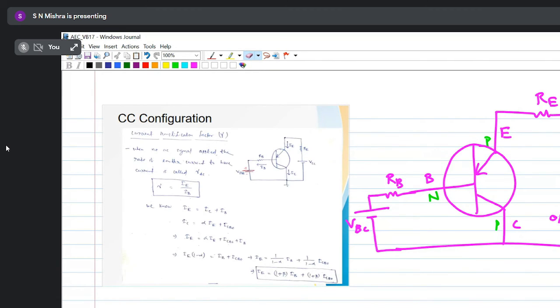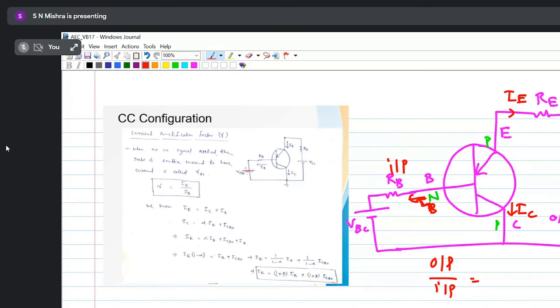Now we'll represent the current. So this is your IE, this current is outgoing IC, this current is outgoing IB. So output by input: what is my output current, and what is my input current? This is my output side, this is my input side.